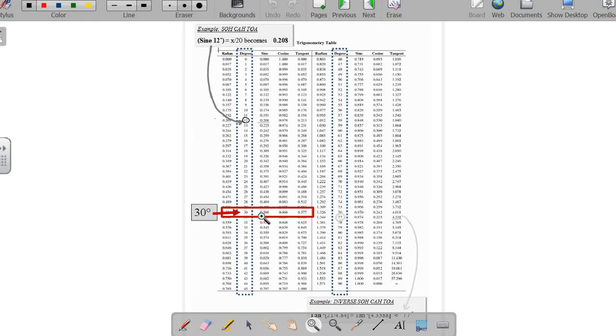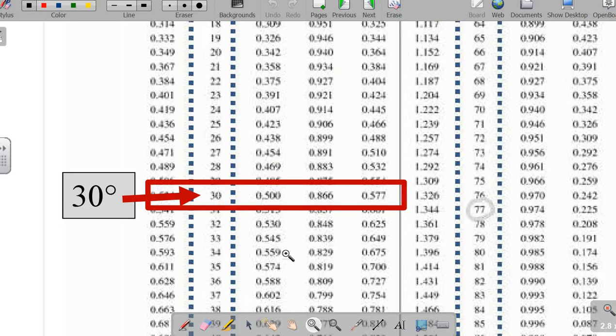If you take a very close look here at 30 degrees, you will see that the sine of 30 degrees is 0.5, the cosine of 30 degrees is 0.86, and the tangent of 30 degrees is 0.577.